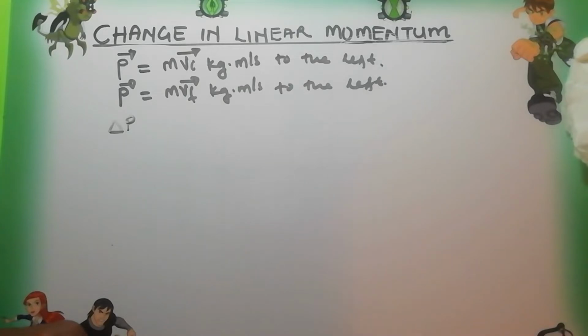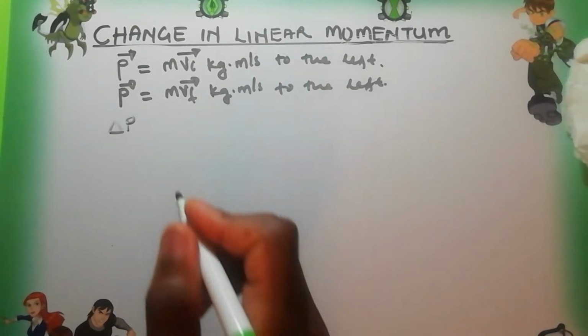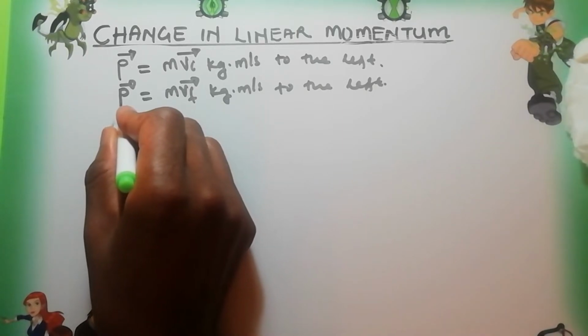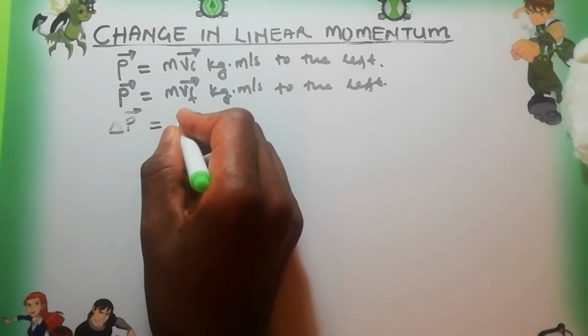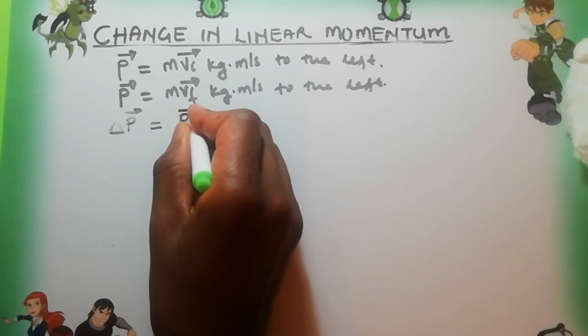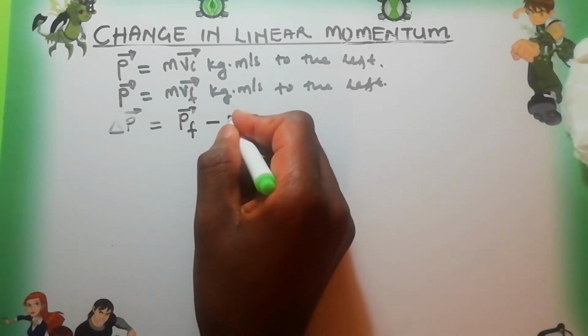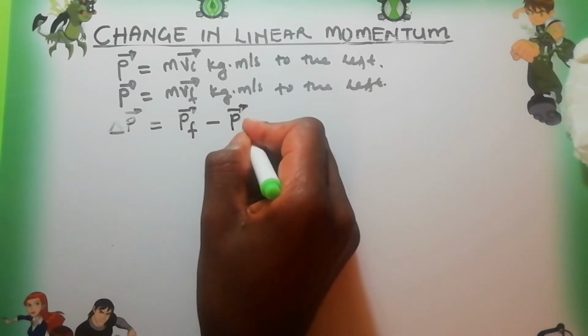When we want to calculate change of a particular physical quantity, it will be the value of that particular quantity final, subtracted by the value of that particular physical quantity initial. So what do I mean? I mean that change in momentum will be momentum final minus momentum initial.